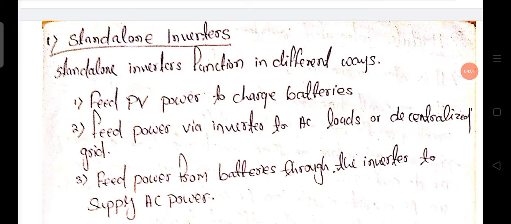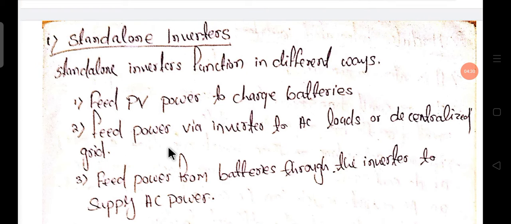Let's say we want to run a grinder. That grinder is also one load. So this inverter feeds the power from PV, or photovoltaic, to the AC load, or you can feed the power to the decentralized grid.